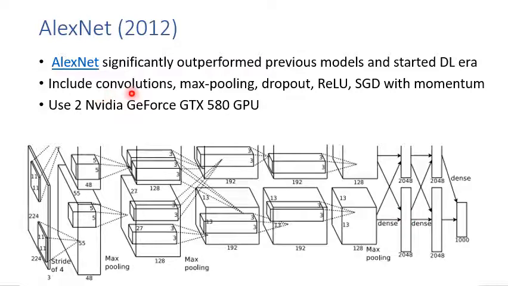AlexNet also includes many new techniques. It uses max pooling, ReLU, and SGD with momentum. In addition, the team proposed a new, simple and effective technique called dropout to prevent overfitting. We know deep learning models are easy to overfit.